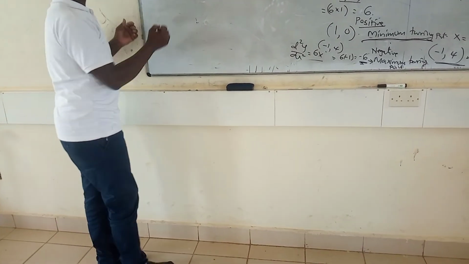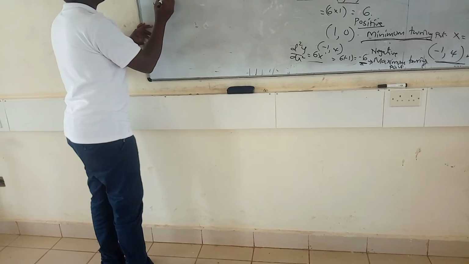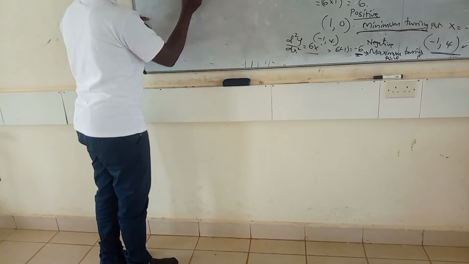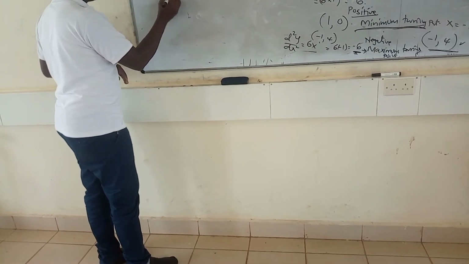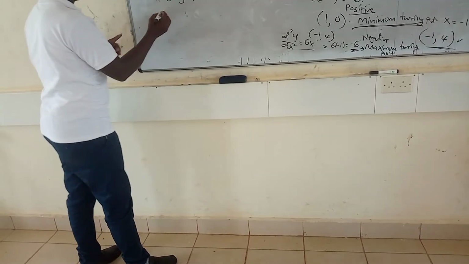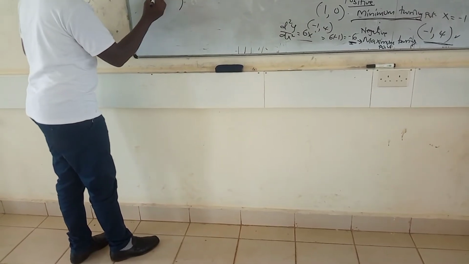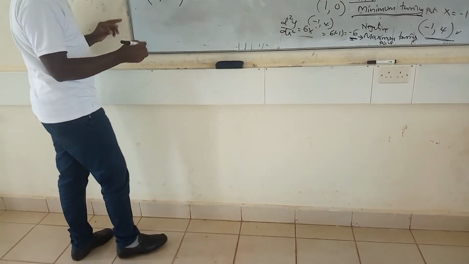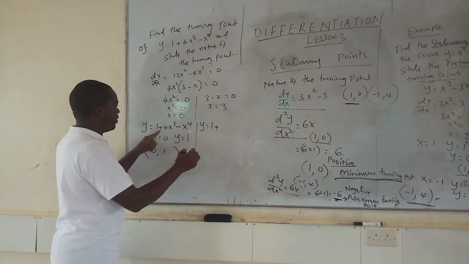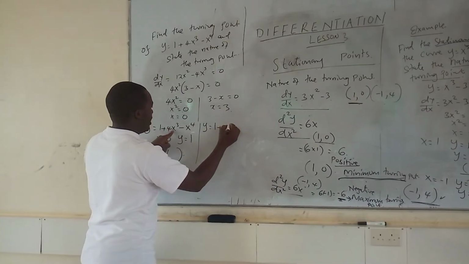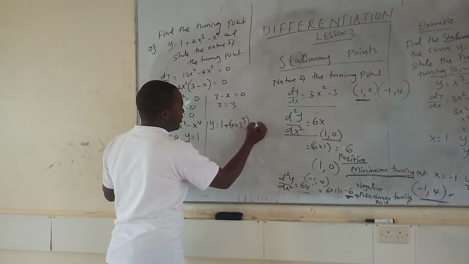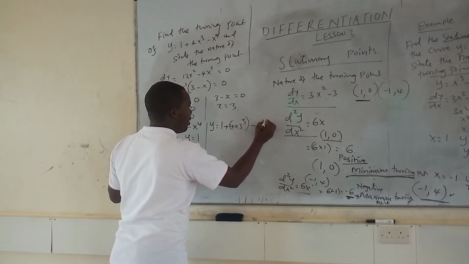So I need to get the value of y. Remember, y was 1 plus 4x cubed minus x to the power 4. When x is 0, you substitute 0 here, y is going to be 1. So the turning point is (0, 1). And when x is 3, y is going to be 1 plus 4 times 3 cubed minus 3 to the power 4.